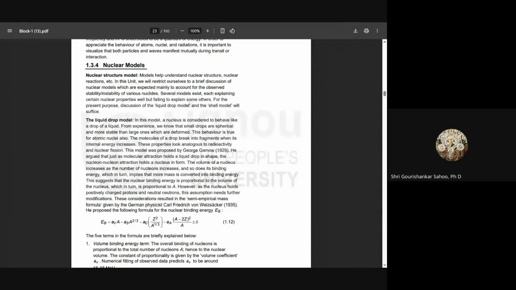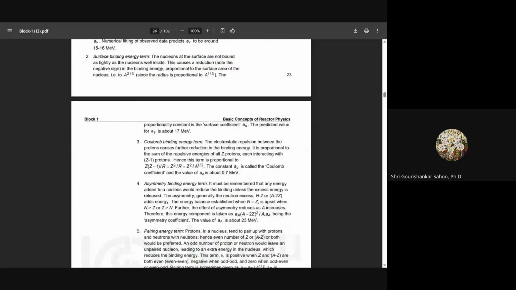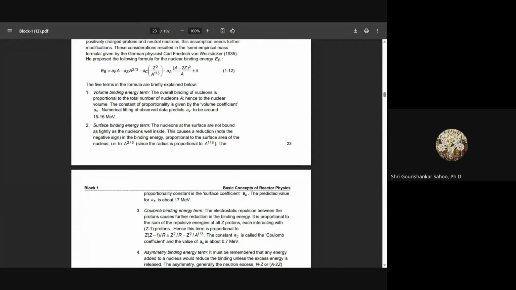So there are different nuclear models. One is the liquid drop model. Just as a liquid drop disintegrates into two drops due to fluid instability, similarly a nucleus can be disintegrated into two parts, where the larger nucleus is considered as a larger drop and two smaller nuclei are the small disintegrated drops.